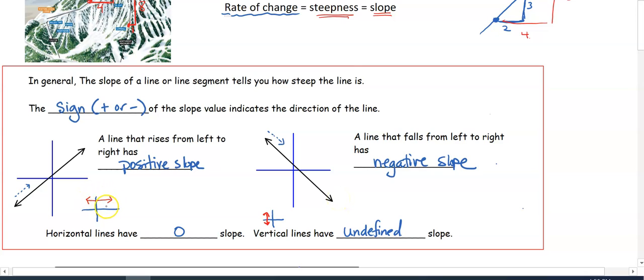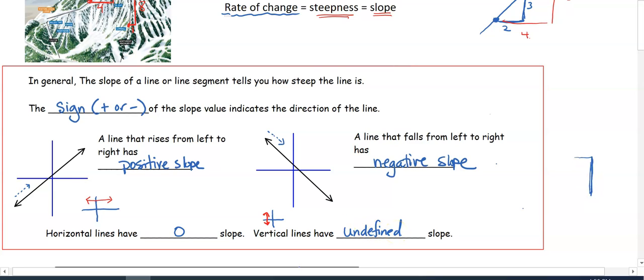The other type of slope is if we have a horizontal line. Remember, all horizontal lines have no rate of change, therefore the slope is 0. Vertical lines, which we haven't talked about yet, think about a ski slope that has a vertical run. That would be called a cliff, wouldn't it? Well, we wouldn't be skiing that, right? You'd be free-falling it. So a vertical line has undefined slope.